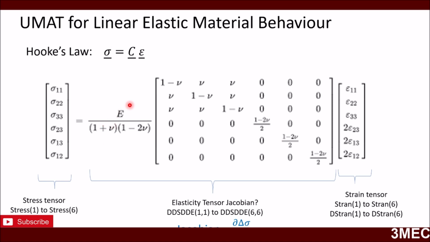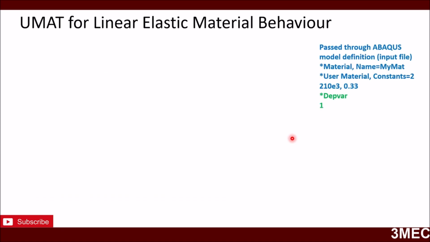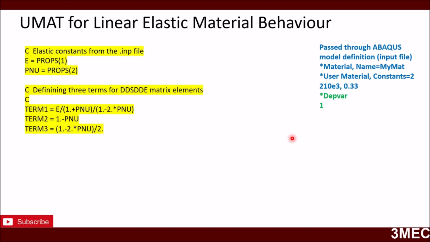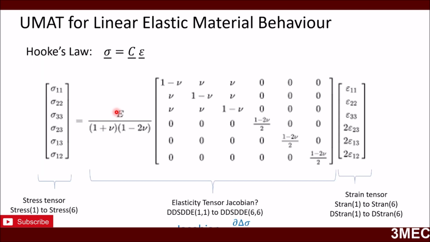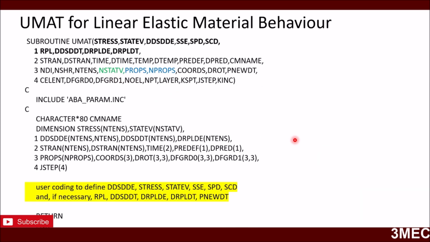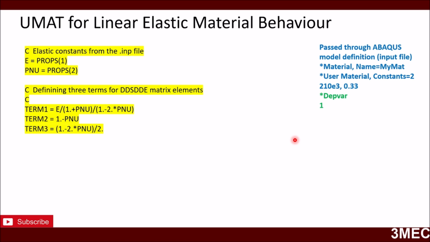So I'm going to compute this separately, and also some of these terms separately. So this is E over (1 plus nu)(1 minus 2 nu). This is the term which is outside the parenthesis, (1 plus nu) over (1 minus nu), and then I'm also computing these terms. So I call this term 1, term 2, and this is term 3. That's what you see here: term 1, term 2, and term 3.